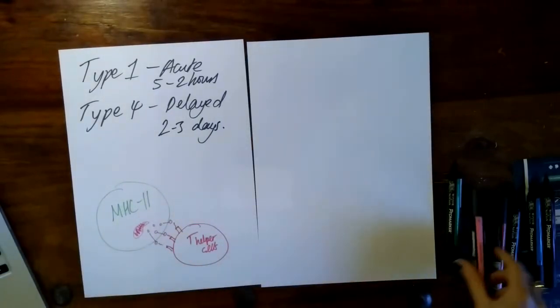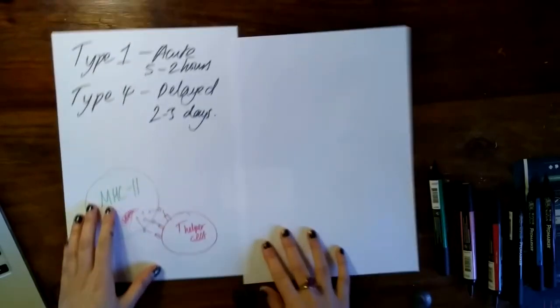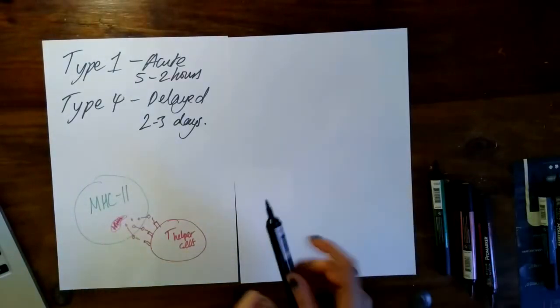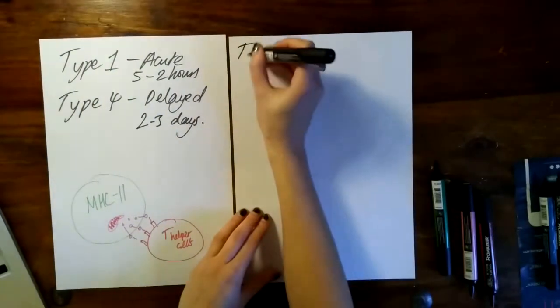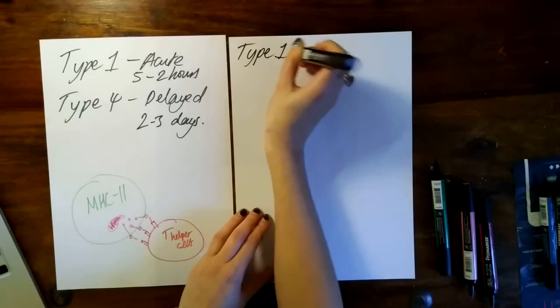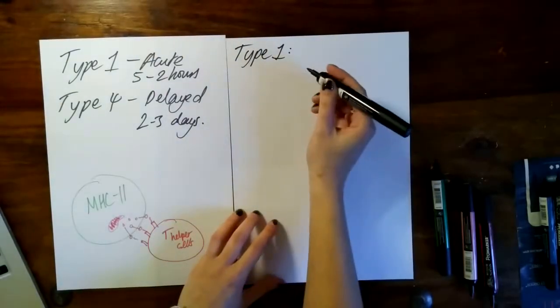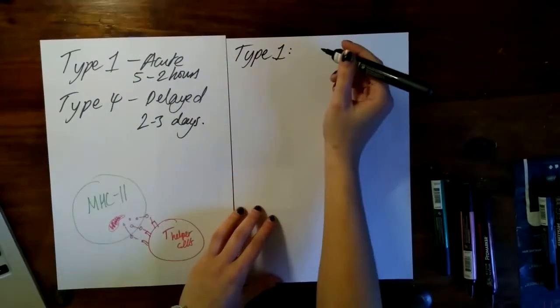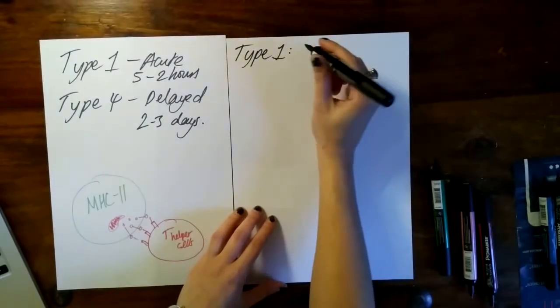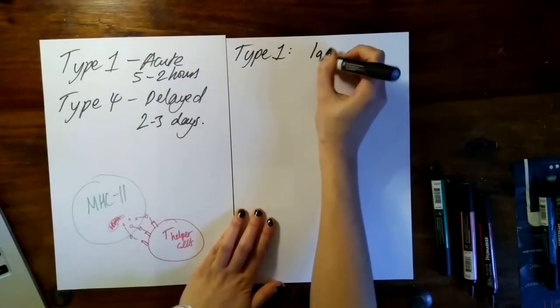So, type 1 is where IgE is activated, a type of antibody specialized for allergic and parasitic responses.